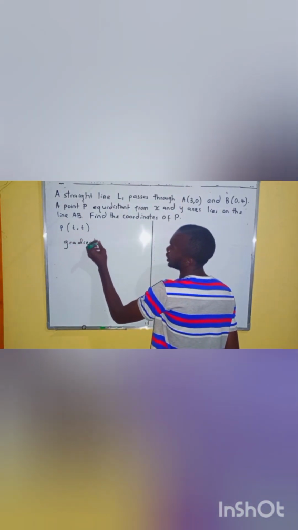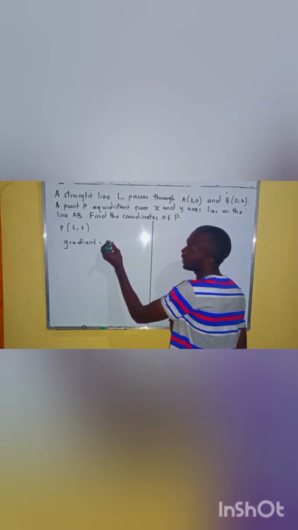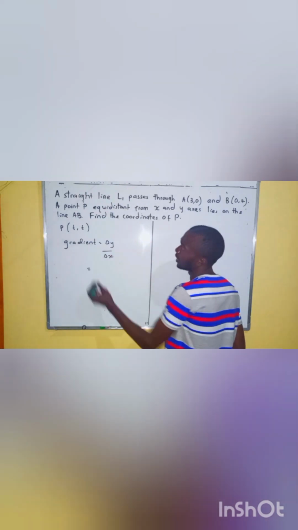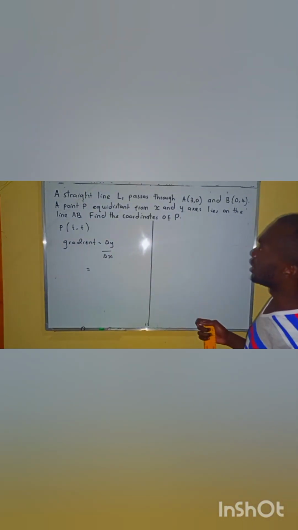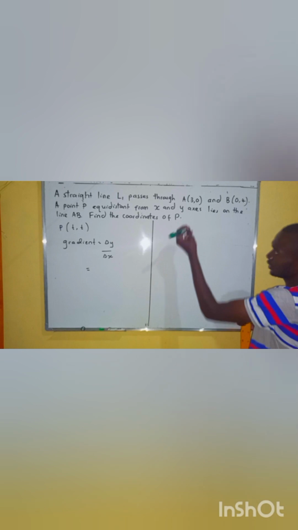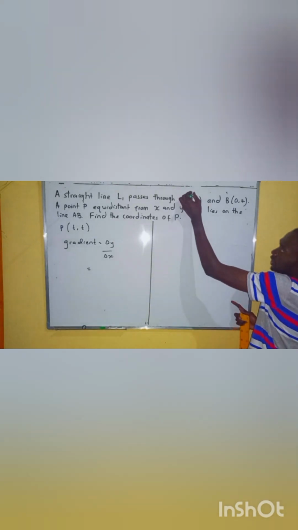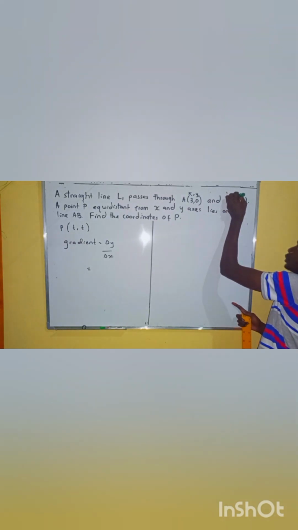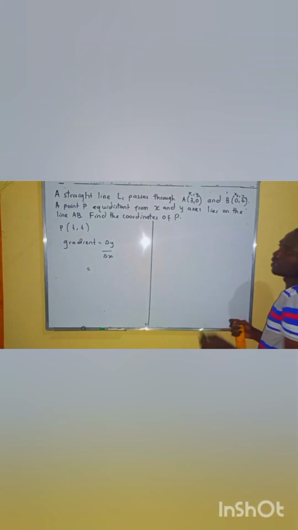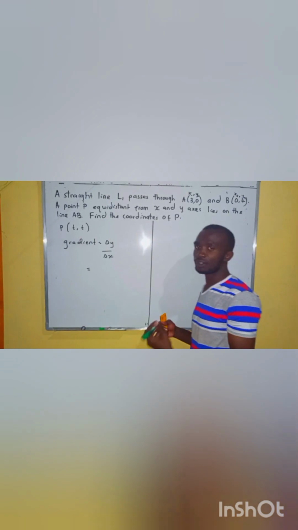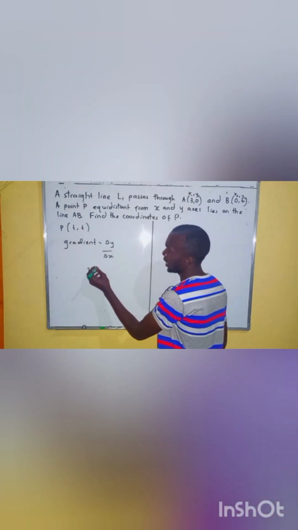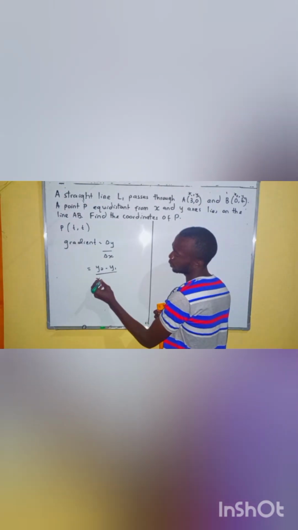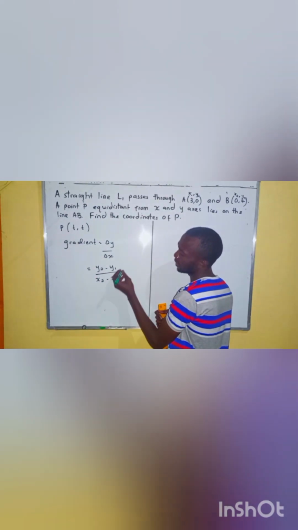is equal to the change in the y-coordinate over the change in the x-coordinate. Now the points given are A, so I will say (3, 0) is (x1, y1), and this is (x2, y2). So the gradient is y2 minus y1 over x2 minus x1.